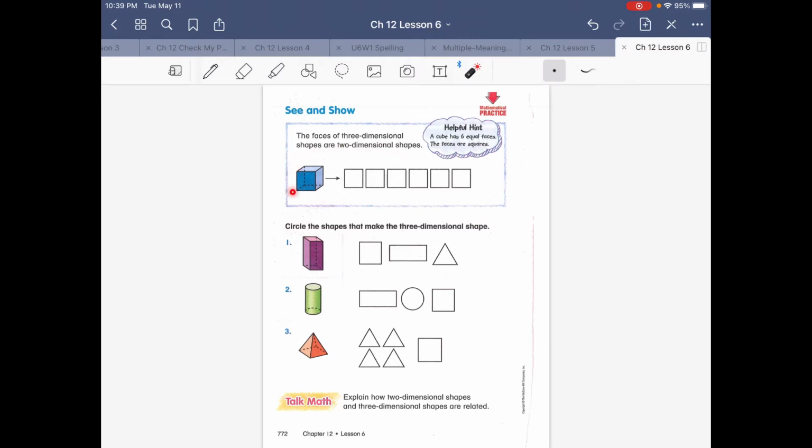So when you look at this cube right here, this cube has 1, 2, 3, 4, 5, 6 different faces. Your helpful hint says a cube has 6 equal faces. These faces are squares.